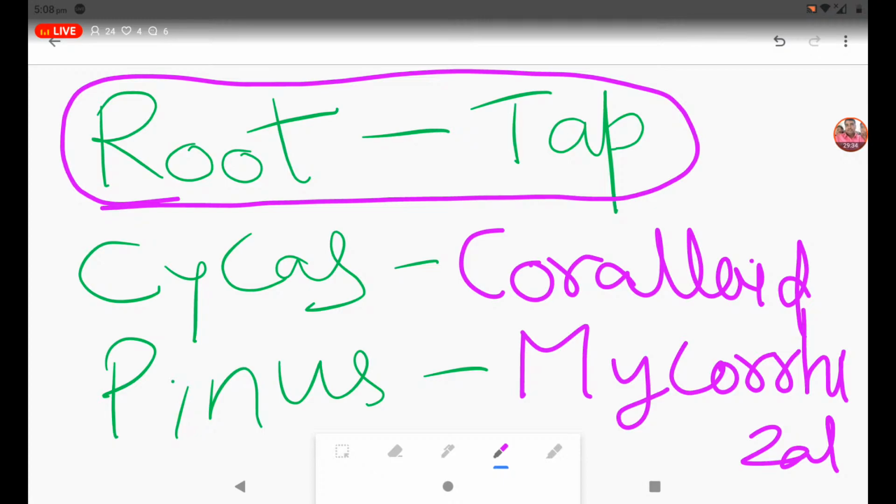This is for absorption of water and minerals, particularly phosphate, and Pinus seeds are unable to germinate without mycorrhizal association. So coralloid roots are for nitrogen fixation, and mycorrhiza for water, minerals and phosphates. The root system is completed.